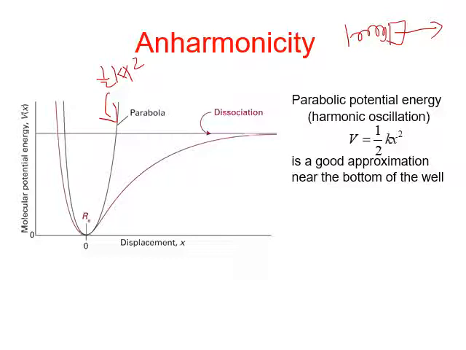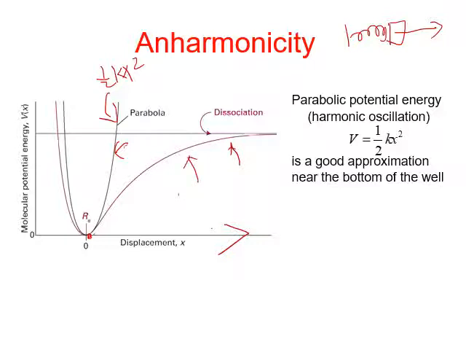The same happens for chemical bonds. If the displacement is too far away from its equilibrium position, the chemical bond may break and the molecule may dissociate into atoms. So here is the harmonic oscillator approximation, and this is the real chemical bond vibration.